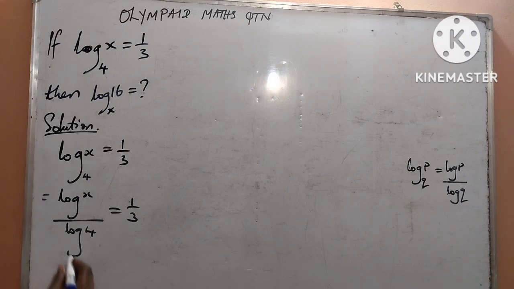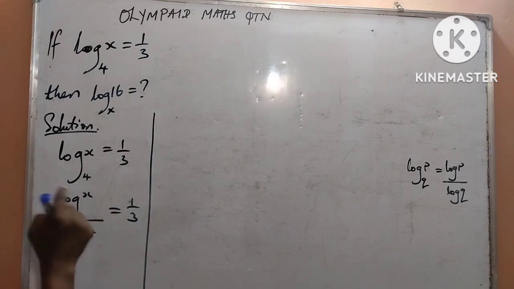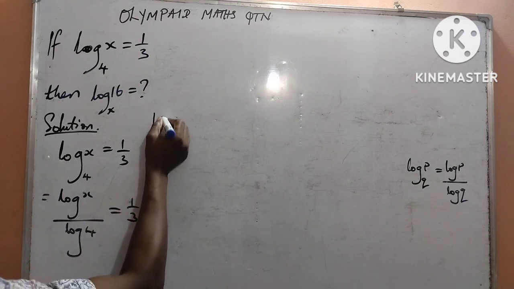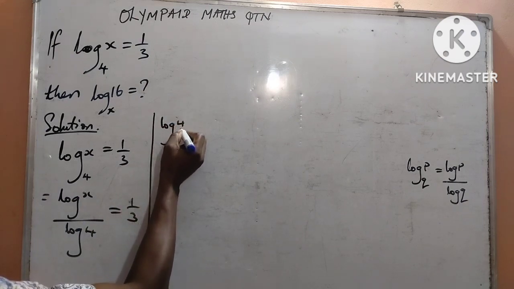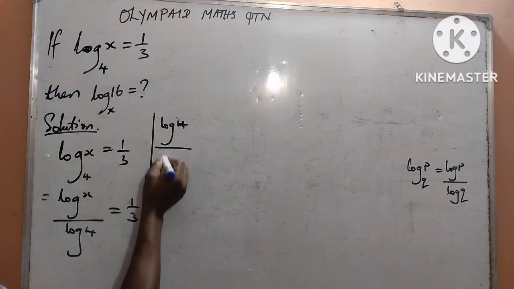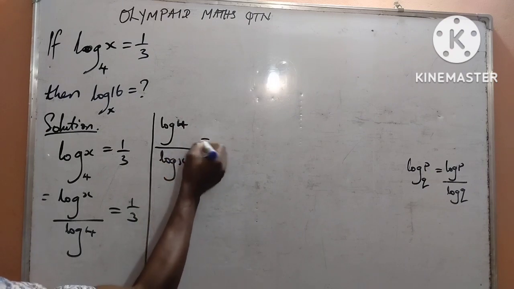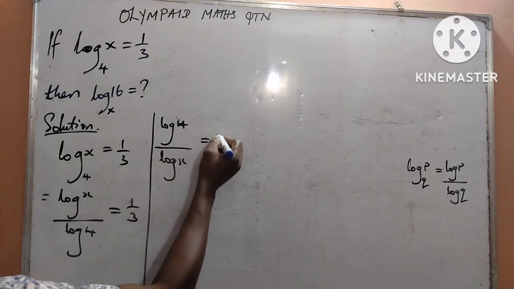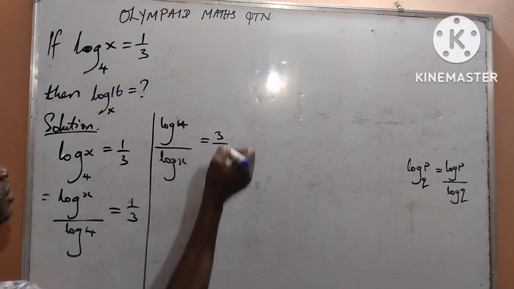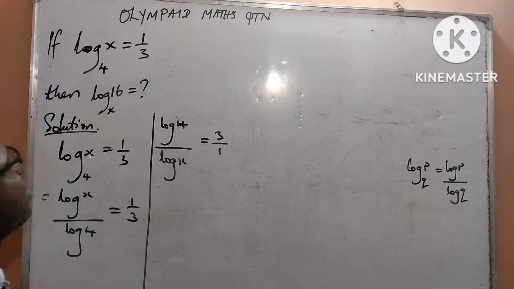And doing that, the reciprocal of the left-hand side will now be the log of 4 all over the log of x. And on the right-hand side, if I take the reciprocal, it will be 3 all over 1, which is the same thing as 3.